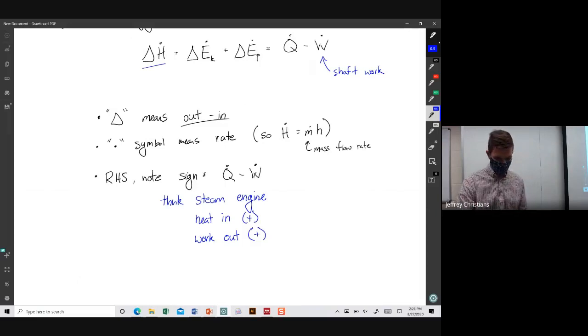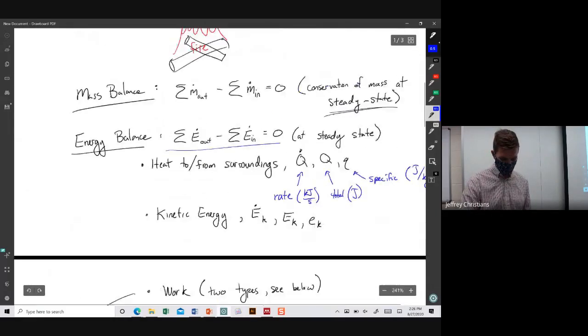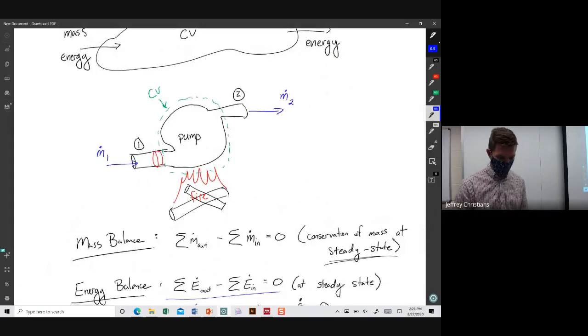So again, if we go back up to our pump, we have this campfire, so we're putting heat into the system, so the amount of heat going from the fire into the pump is a positive. We would put a positive in our equation. We're putting work into the system because we have our pump plugged into the wall. That's going to be a negative, because we're putting work in. So that's a negative value that will plug into our equation.